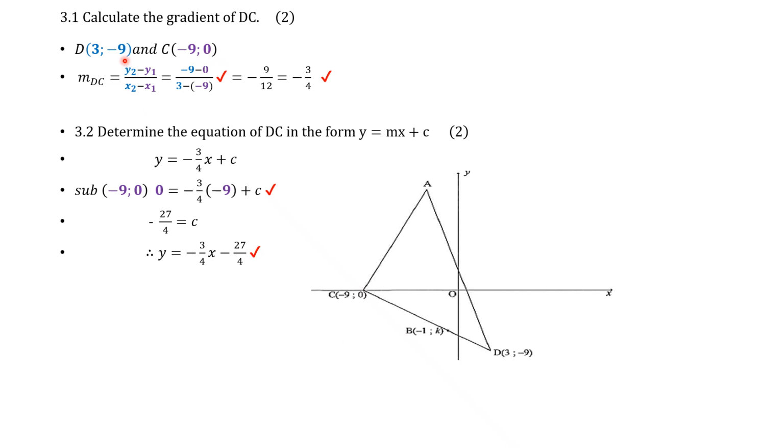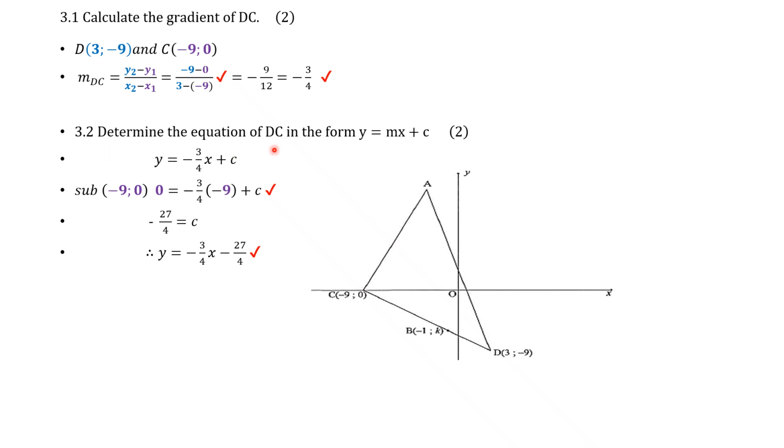So there on the top, -9 minus 0. Then 3 minus -9, which then gives me +12 at the bottom and -9 on top. We simplify, 3 goes in 9 3 times, 3 goes in 12 4 times, so my gradient is -3 over 4. So 1 mark for correct substitution and another mark for the correct value.